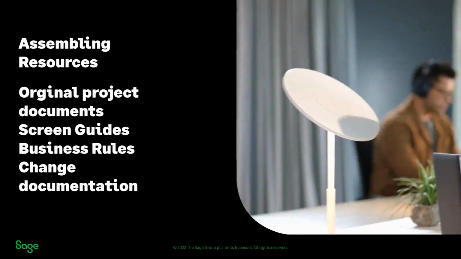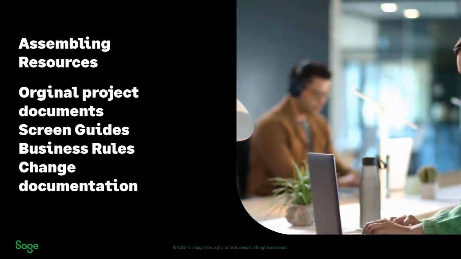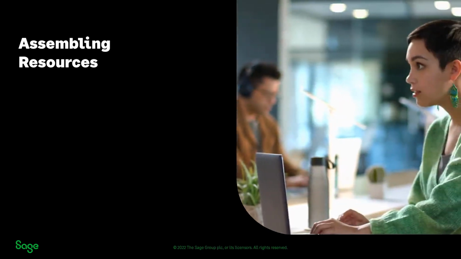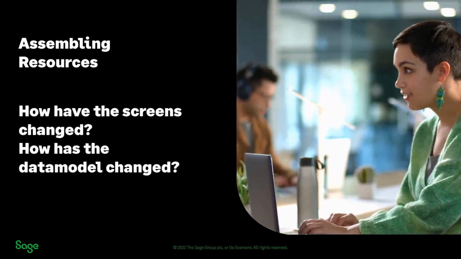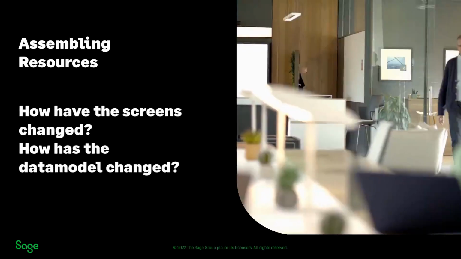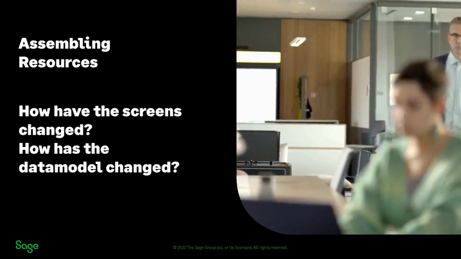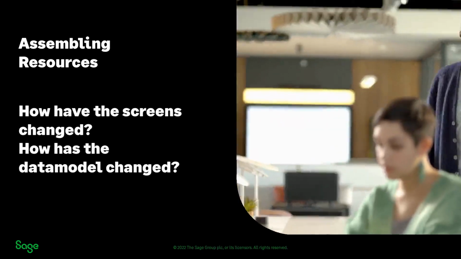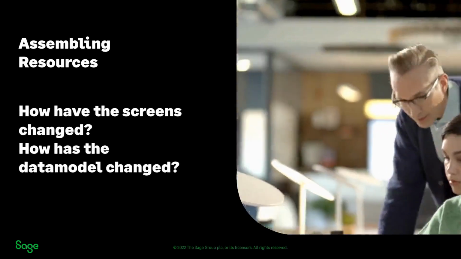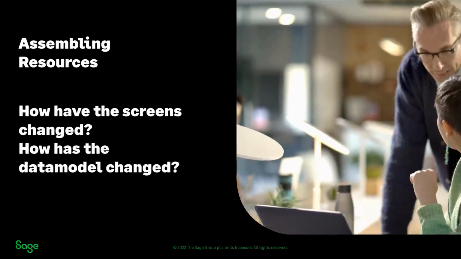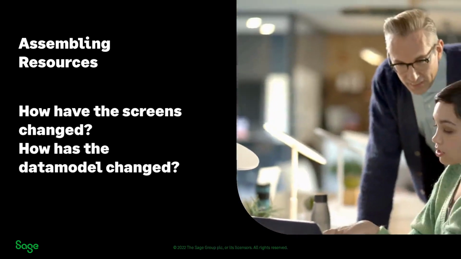have been in place. Now, if you're lucky, you will have levels of customization that will include documentation about how the screens have changed, how the data within the database has changed, and perhaps even a data model as well. Or you'll have their equivalents.